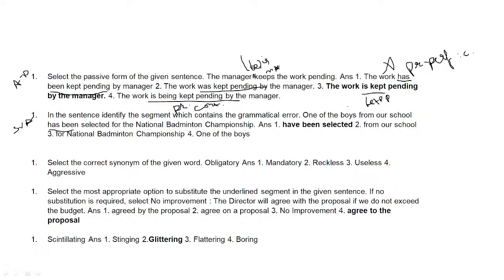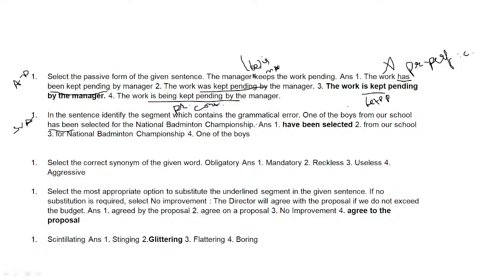One of the boys from our school has been selected. Now the thing is that in the sentence you have to identify the portion which has the error, and also there is the improvement done over there. What will it be?